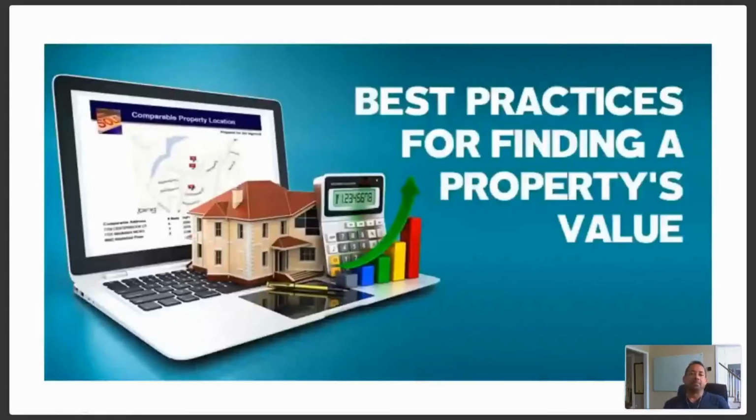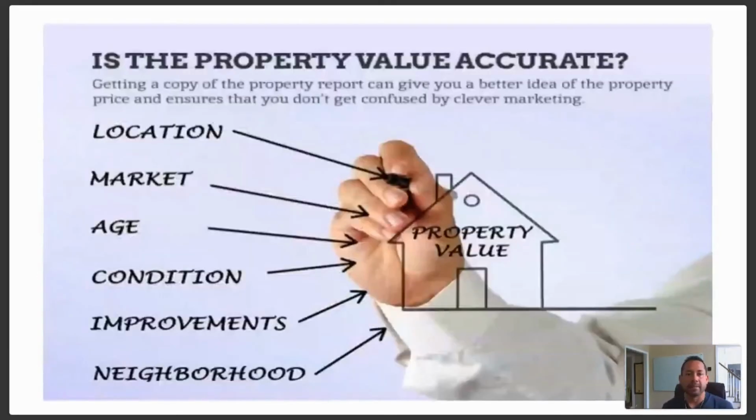All right, now I'll put up my presentation. Let's do that presentation. All right, best practices for finding property values. We're going to jump into it and talk about some of the best practices for finding property values.